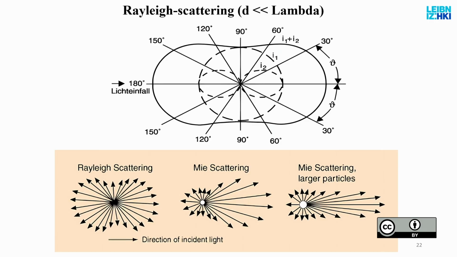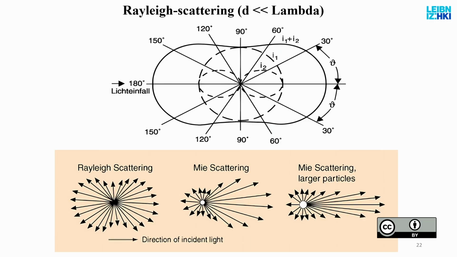Which directions, and what the distribution of this scattered light is, depends on the size of the object on which you scatter the light. If these objects are very small, a few hundred nanometers, the same range as the wavelength of visible light, and you illuminate, let's say, a fatty tissue with visible light, the scattering pattern will be like a number 8, basically. So the scattering forward and backward has the same probability.